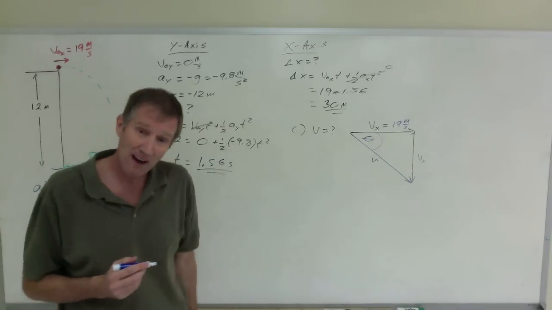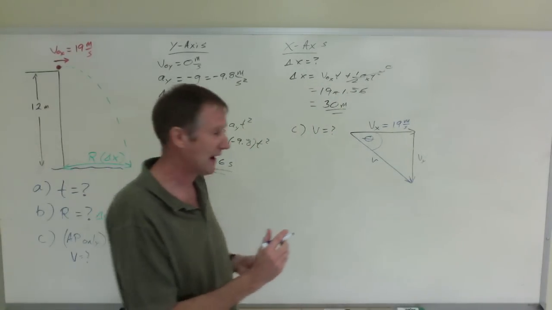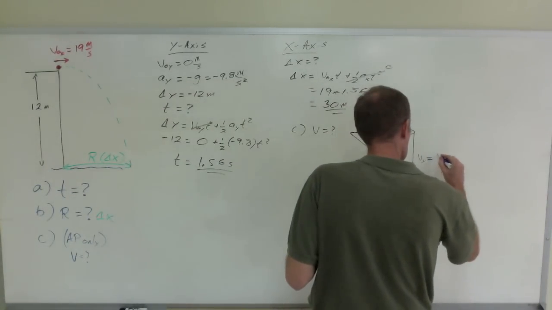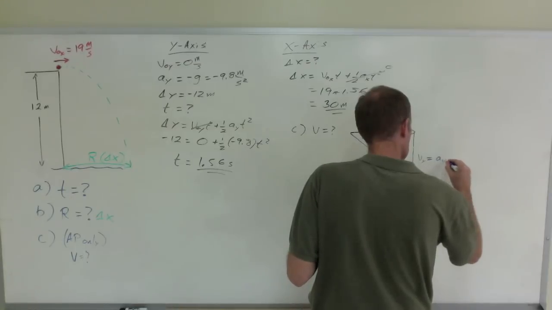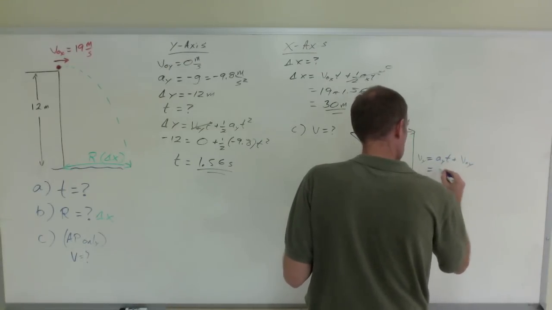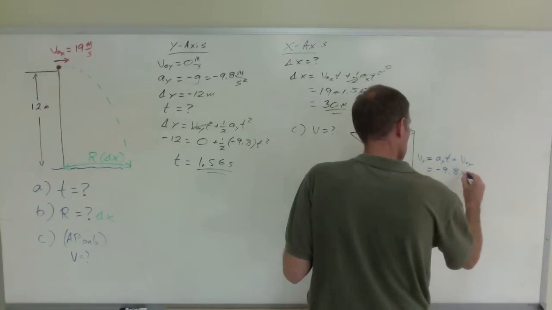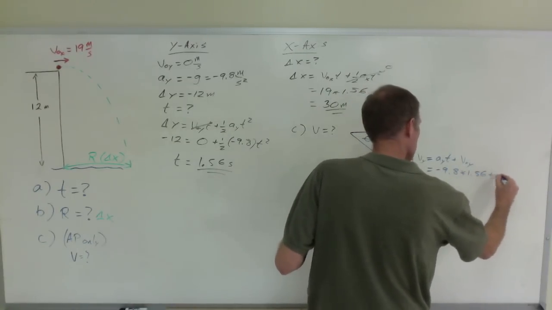Vy, well, we can calculate that because we know its acceleration and its initial velocity in the y-axis. So this is going to be its acceleration times time plus its initial velocity in the y-axis. Well, that's negative 9.8 times 1.56 plus 0.